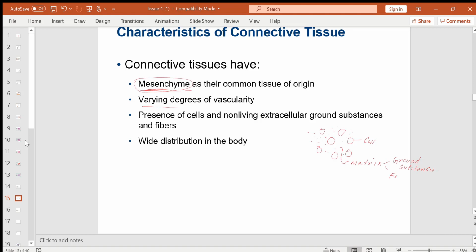Okay, so the chemicals are ground substances, and also we see different types of fibers. So that is the typical structure of the connective tissue. We have cells and matrix. Matrix consists of the ground substances and fibers.